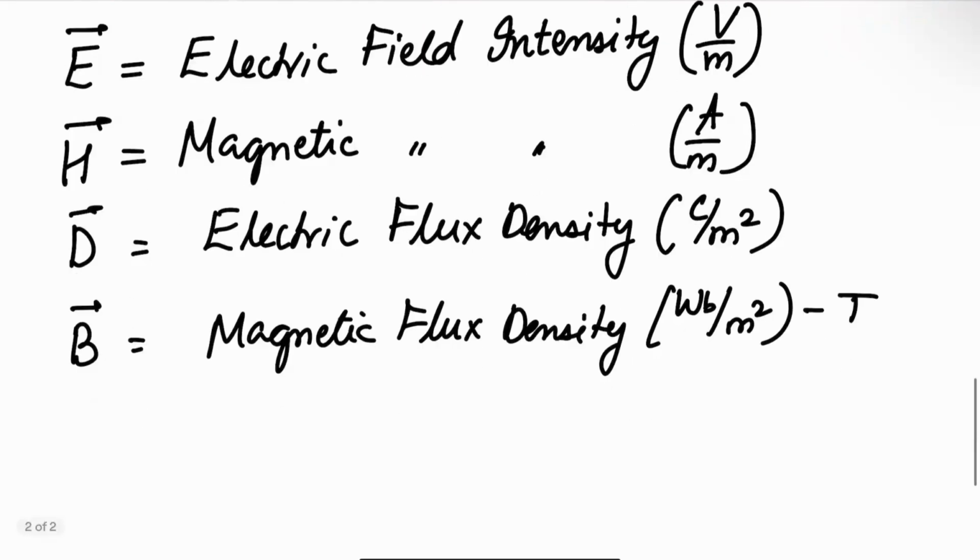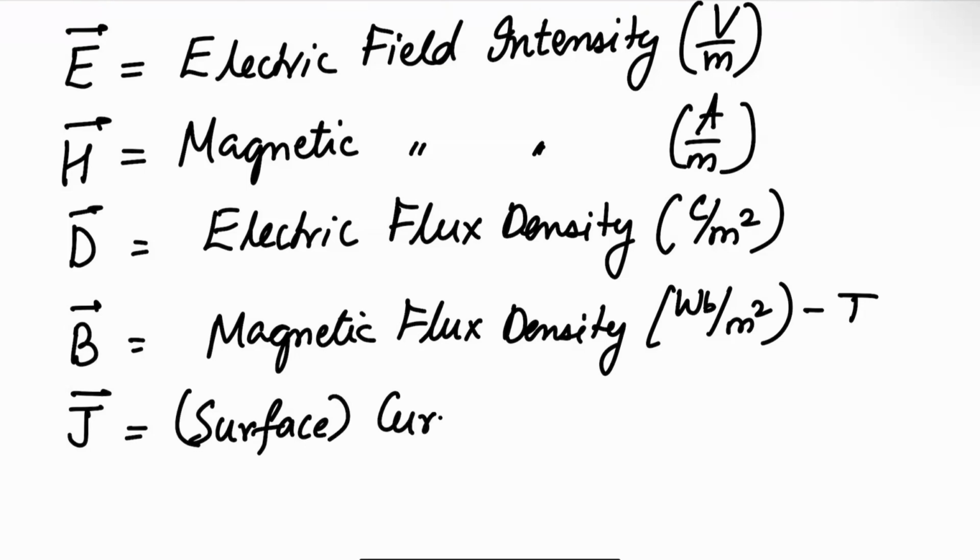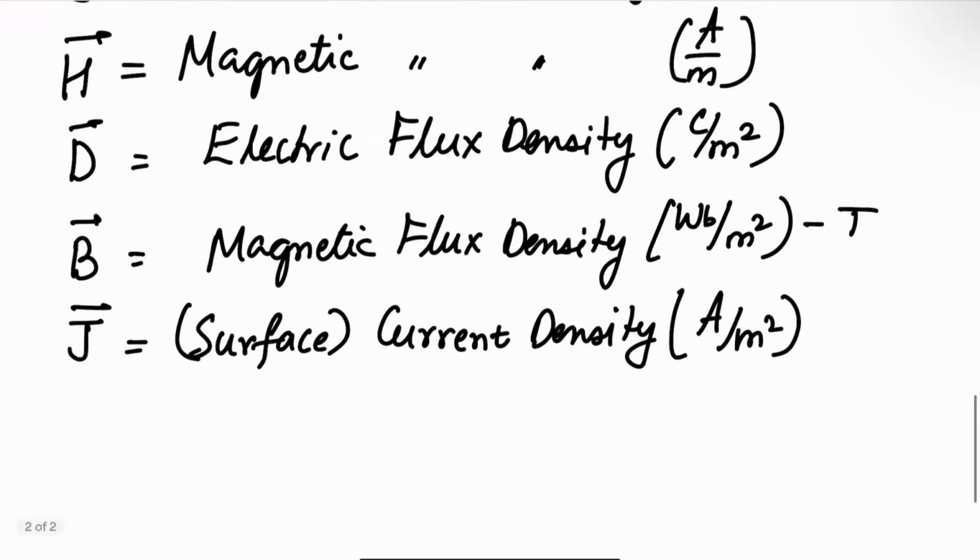Okay. J is what is known as the surface current density. And that's amperes per meter square, and we'll see what that is.